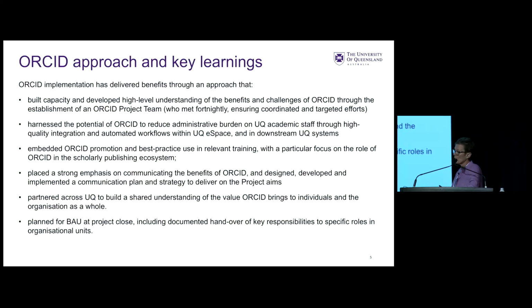We also made sure that we let people know about the benefits of ORCID as it mattered to them, and we've leveraged it to make it easier for researchers. We've tried as best we can to make sure that ORCID implementation actually delivers benefits for the individual researcher because they're the people who really need to be the ones using it. And the other really key thing is that we plan for business as usual at project close phase. So who's responsible for the ongoing implementation?